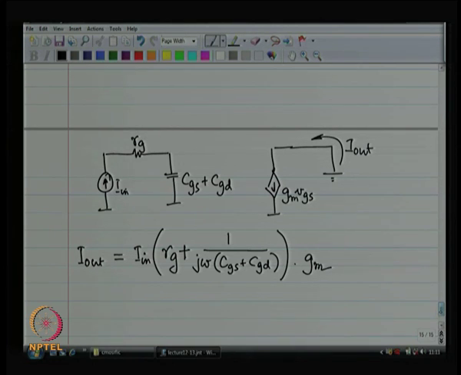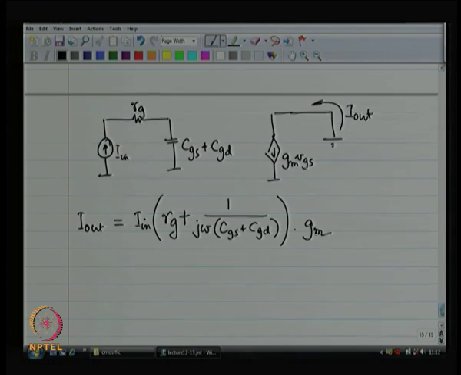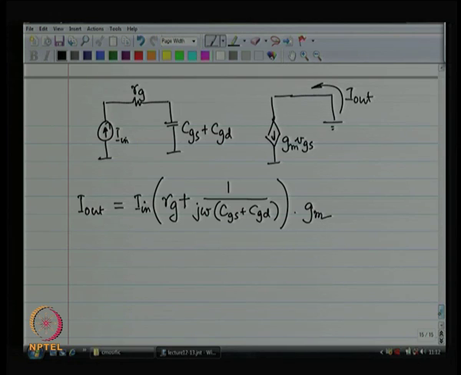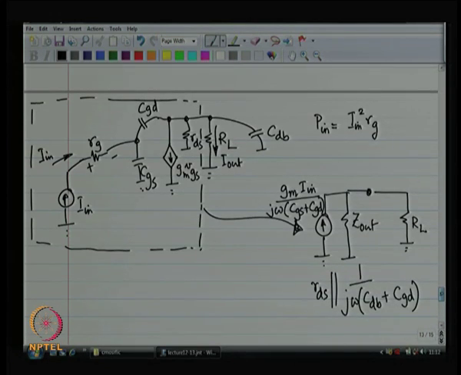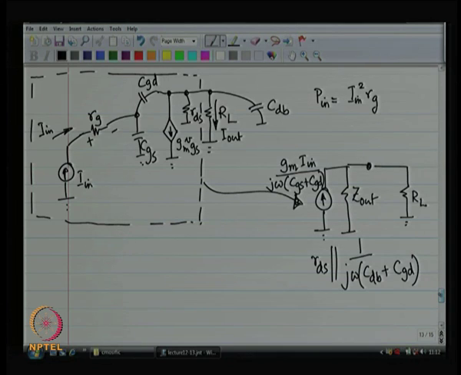Now, when that is my I_out, then things will slightly change over here in my previous computation.